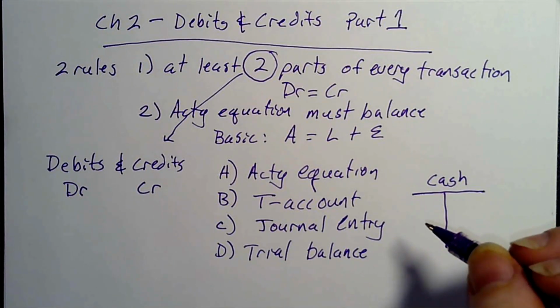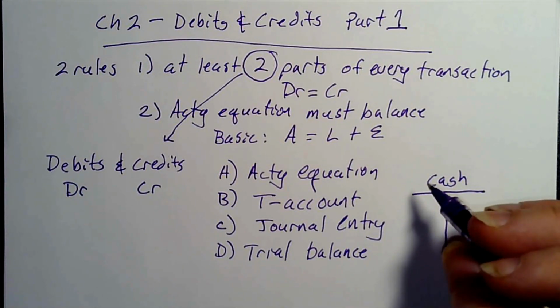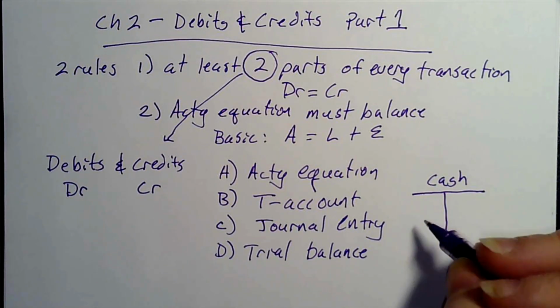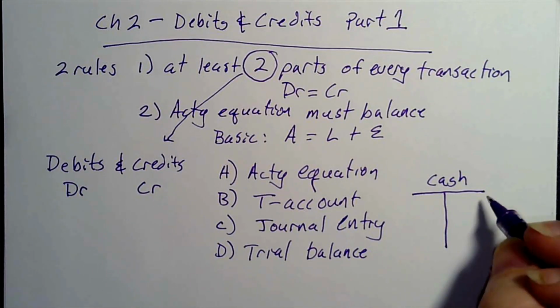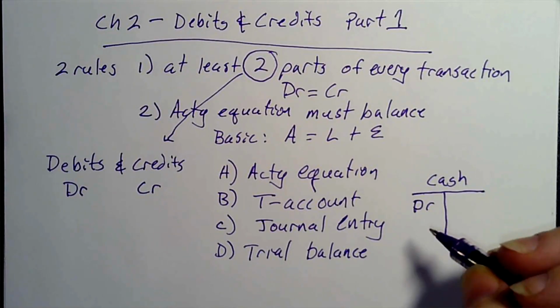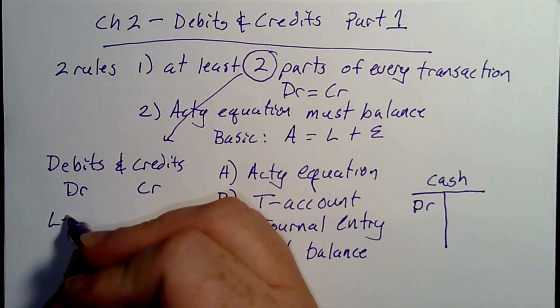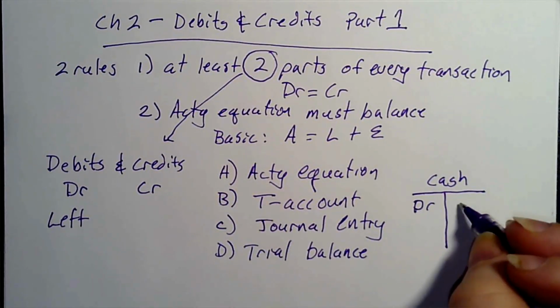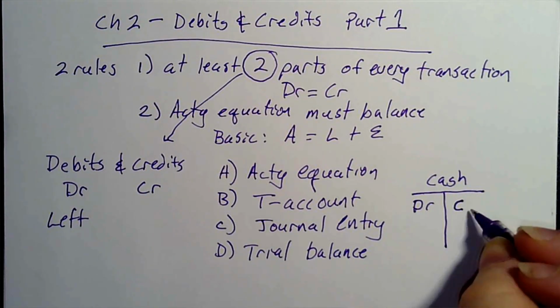The only thing that we want to consider a debit or credit as is which side of the T account it is on. So a debit side is always the left side, and the credit side is always the right side.